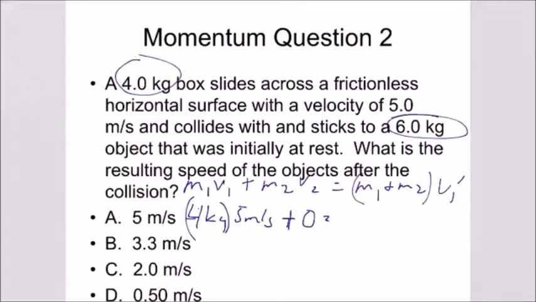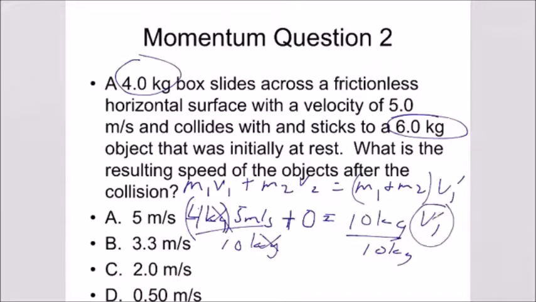So that's equal to 10 kilograms times v1 prime. We multiply 4 kilograms times 5 meters per second to get 20 kilogram meters per second. We divide both sides by 10 kilograms and end up with a final velocity, v1 prime, of 2 meters per second. So the combined objects are going to continue to move toward the right at 2 meters per second.